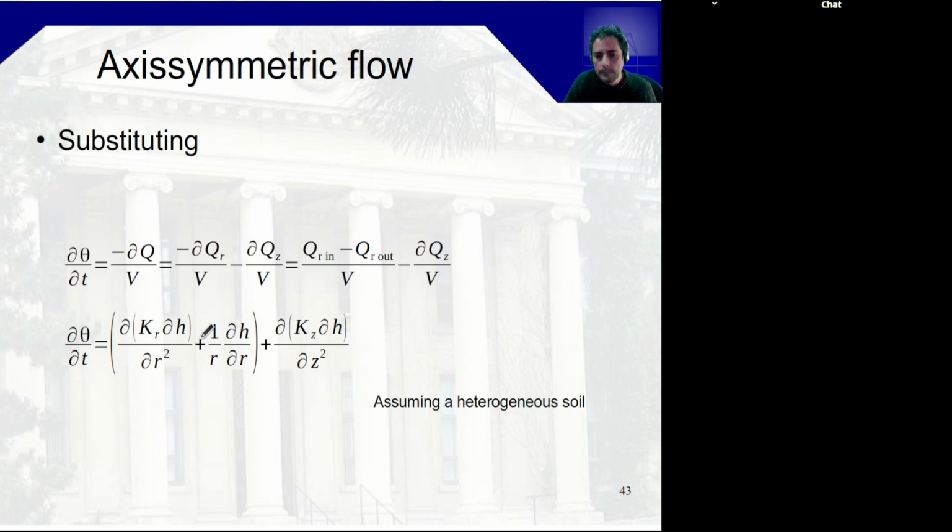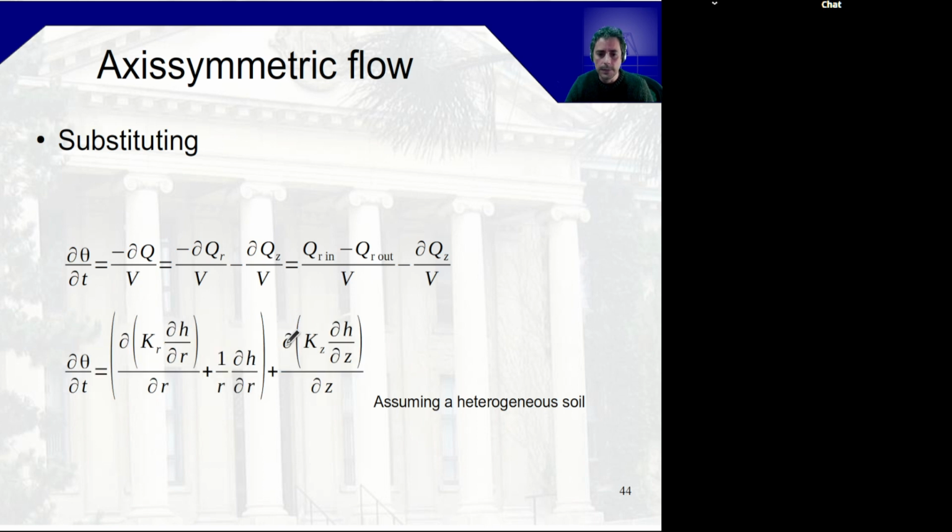Okay. So if we have a heterogeneous material and non-isotropic, so Kr and Kz will be different, we have to keep it also in the equation so that we can deal with different soils.